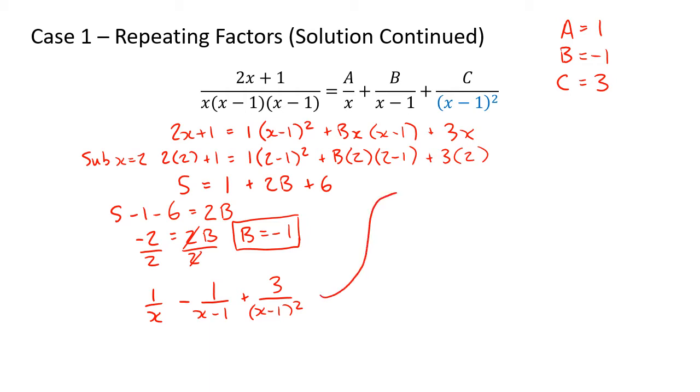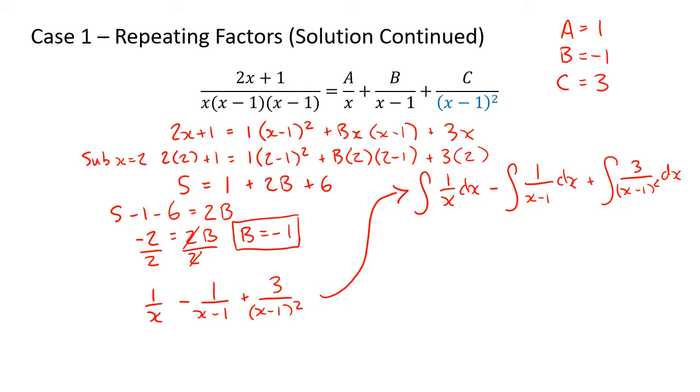Okay, so now it becomes, move it over here, the integral of 1 over x minus the integral of 1 over x minus 1 plus the integral of 3 over x minus 1 squared. Okay? So the first two factors look just like what we've done in the past, where they then become ln of that function. The third one looks a little bit different.